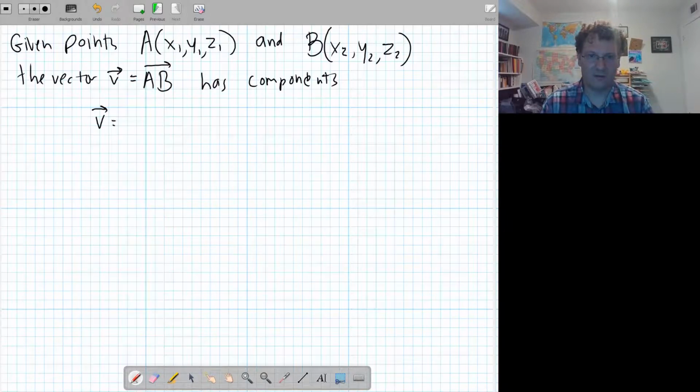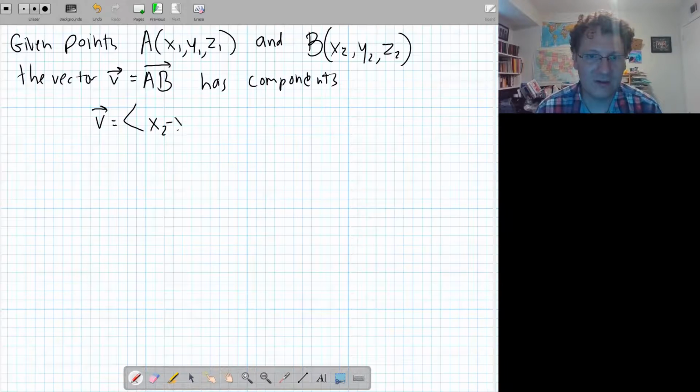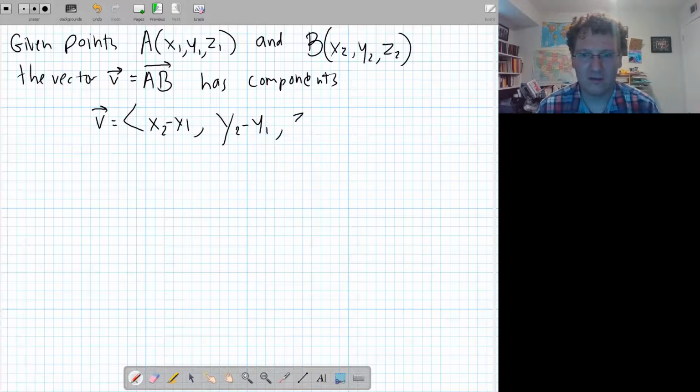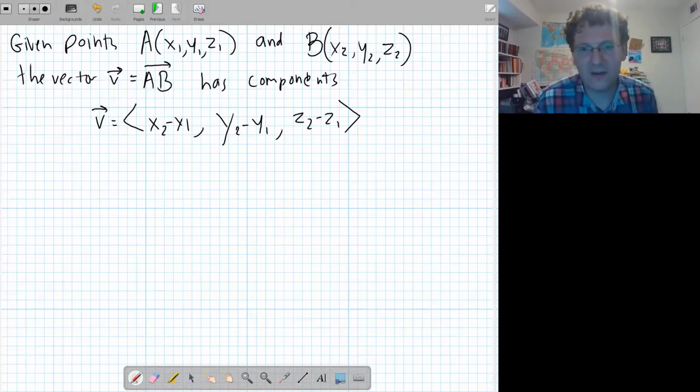V is going to be the first component, x2 minus x1, the difference in the first components of the two points, y2 minus y1, z2 minus z1. This is the notation commonly used for vectors. We use these brackets.